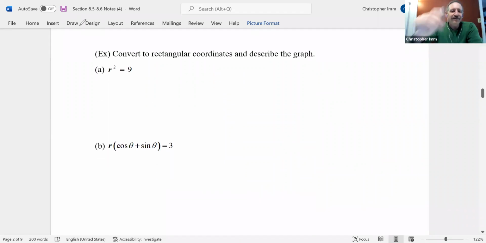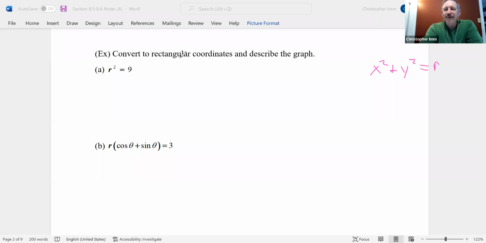From polar to rectangular. So we are given equations in polar coordinates, and we want to know what they look like in rectangular coordinates, or we can actually convert these over. So the identities that are going to be helpful with converting between polar coordinates and rectangular coordinates are, of course, x squared plus y squared is equal to r squared, which will give you something involving r, or tangent of theta is equal to y over x.